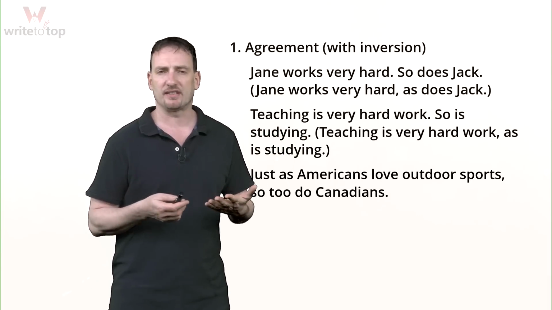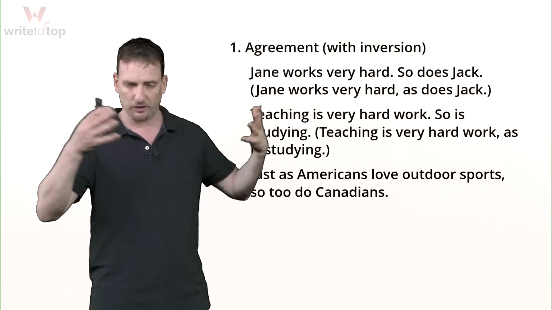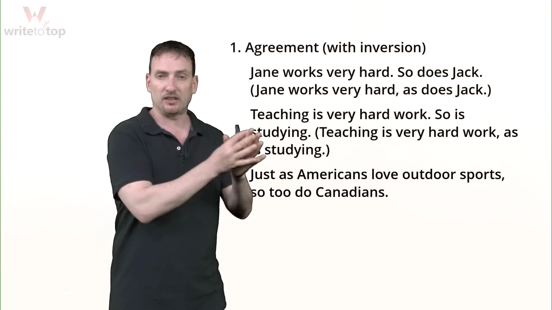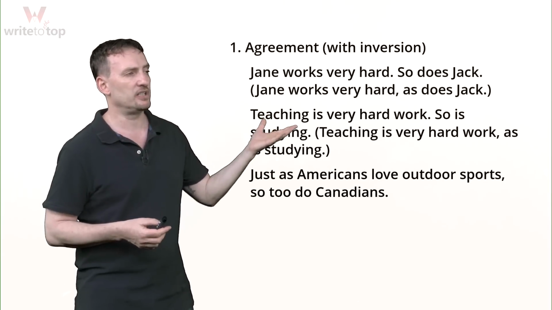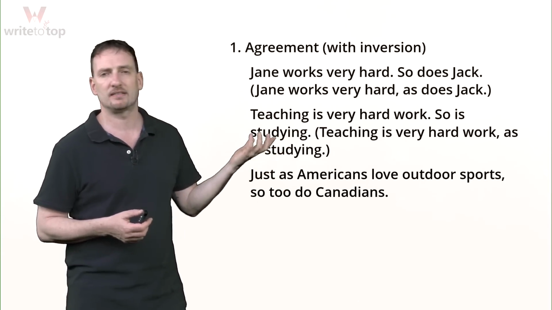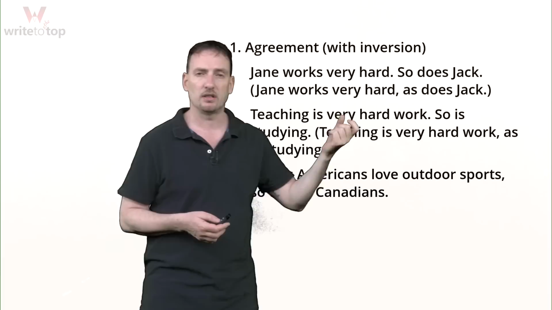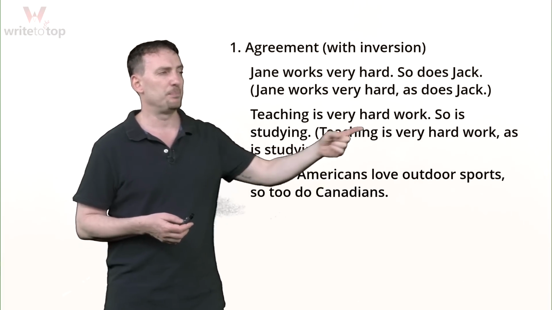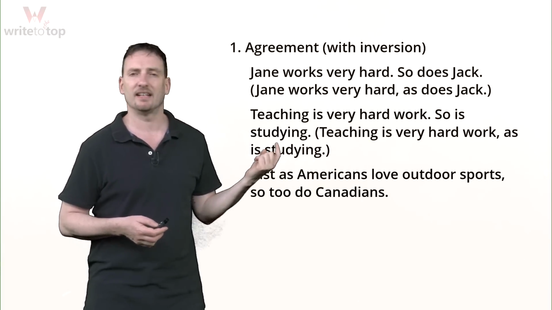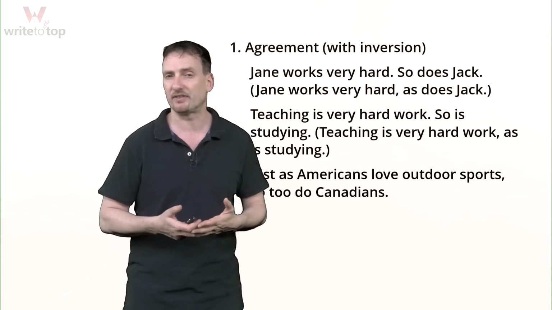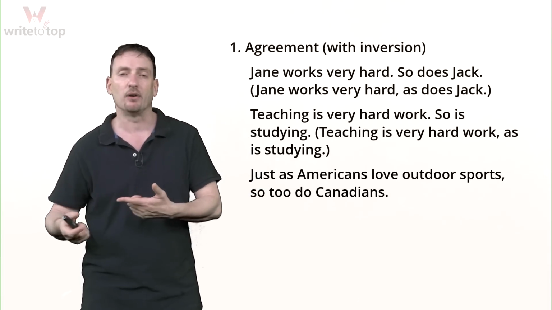You can use different verbs. It doesn't matter which verb you're using or any context, as long as you're agreeing the same thing to the same thing. So, "teaching is very hard work, so is studying." "So is" means you're talking about hard work and you're talking about studying. Be very careful. "Is studying" is not a present progressive tense, not doing right now.